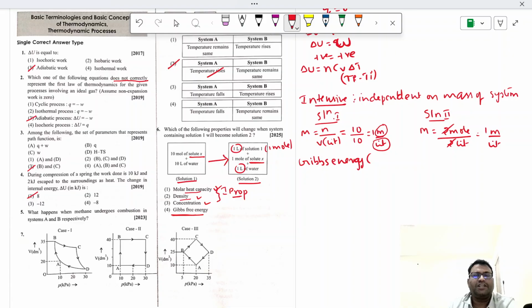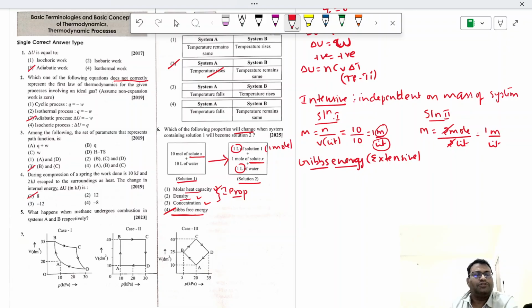Extensive property means that it depends upon the mass. So from solution 1 to solution 2, what is changing? Mass is changing. When mass changes, automatically Gibbs energy changes. So the answer will be Gibbs energy. Gibbs energy will change when the system containing solution 1 becomes solution 2.